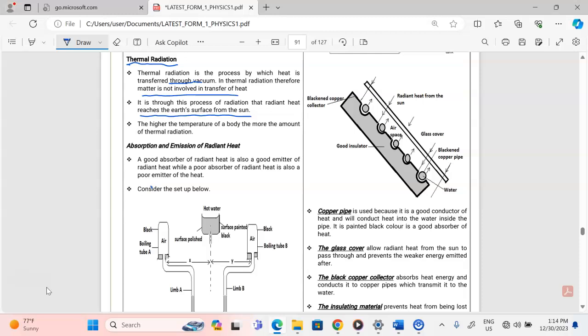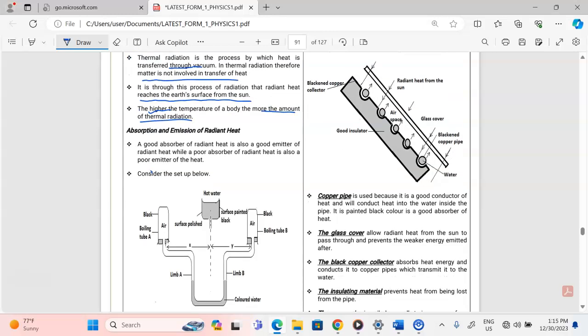So if a body is at a very high temperature, radiation from such a body to cooler bodies around it will take place. Therefore, the higher the temperature of a body, the more thermal radiation the body has.